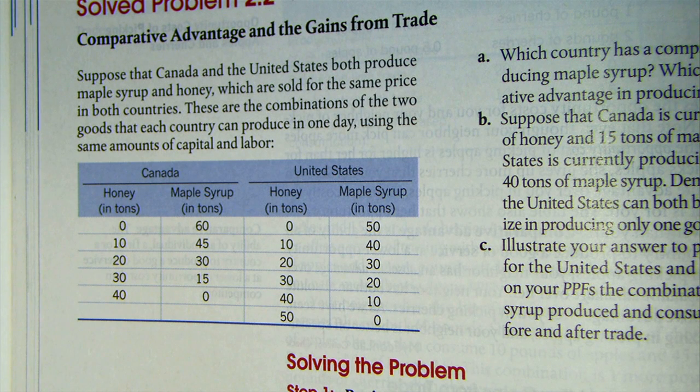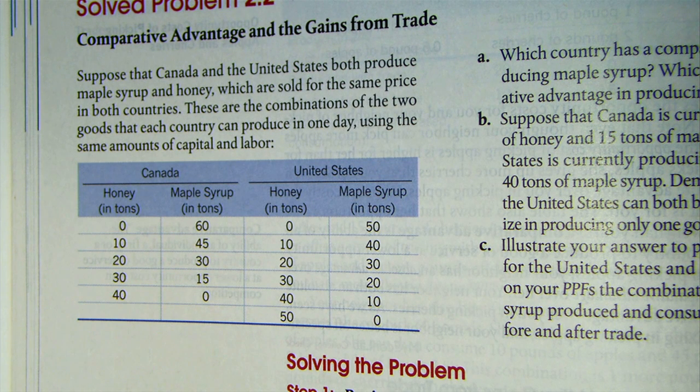So for 10 honey, they have to give up 15 of syrup. So obviously the opportunity cost, we want 1, so we'll divide this by 10, divide that by 10. So we end up with 1.5.